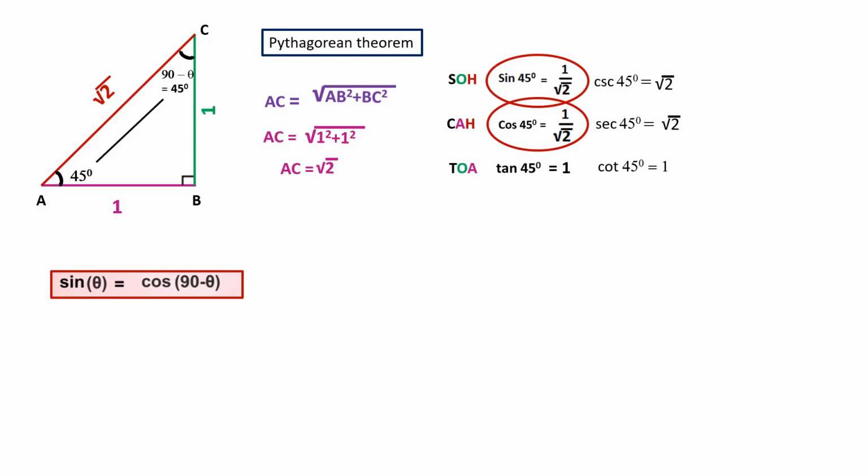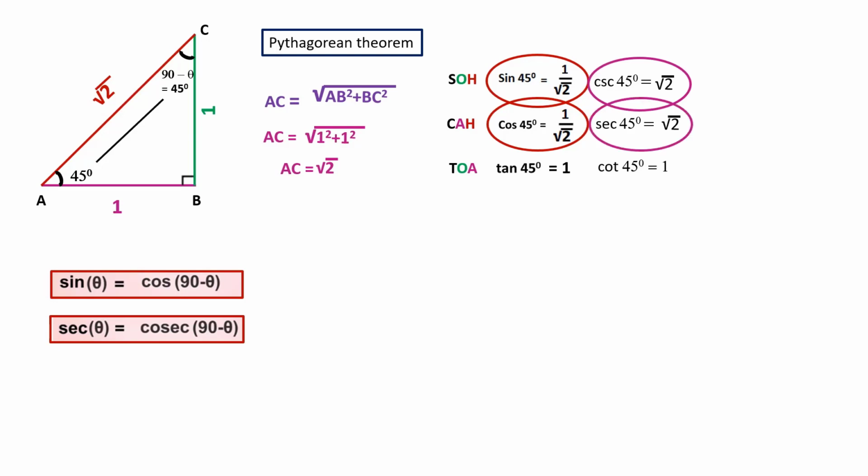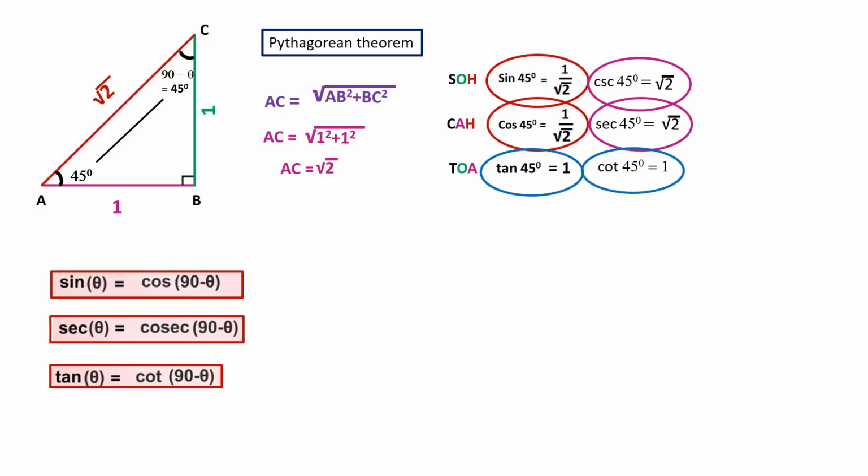And I can also say that secant theta is equal to cosecant of 90 minus theta, because cosecant 45 and secant 45 degrees are root 2, which have the same values. And also tan theta is equal to cot of 90 minus theta, because tan 45 and cot 45 have the same values, which is 1.